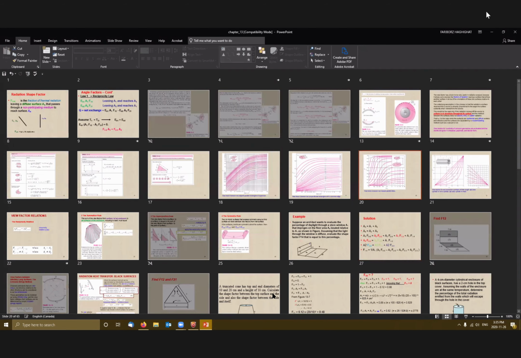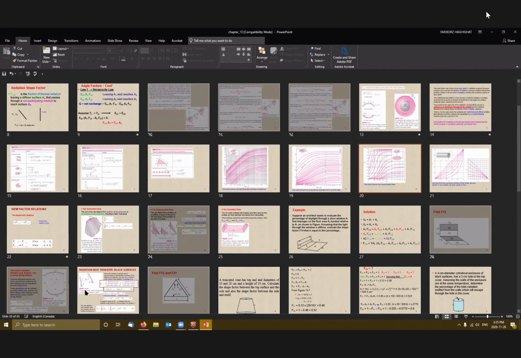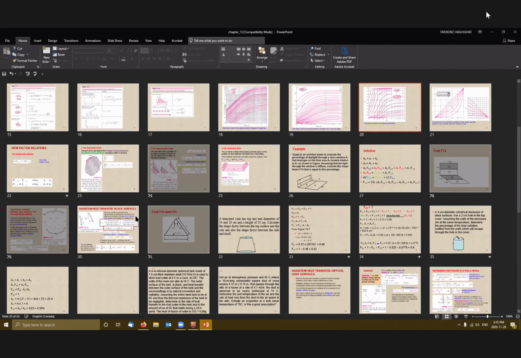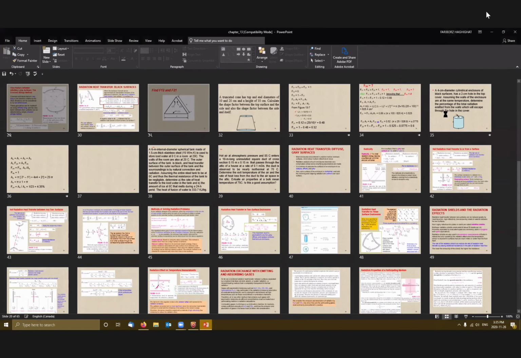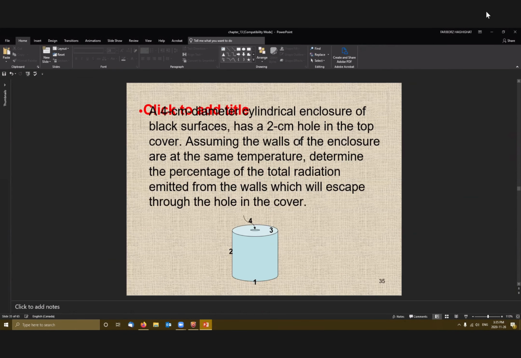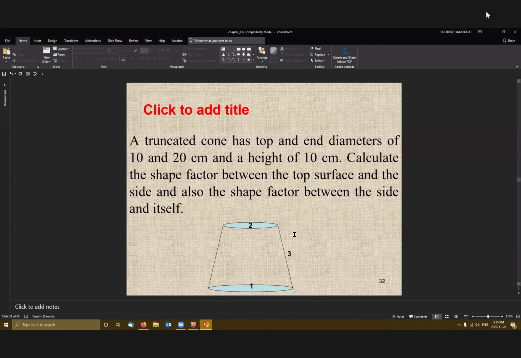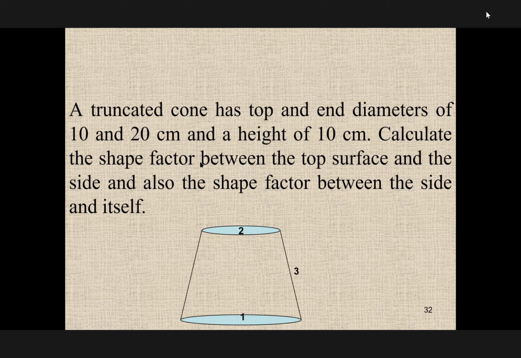We are interested in calculating this one: the shape factor between the top surface 2 and the side, 2 to 3. Can you do that, please? While I go and get a glass of water.